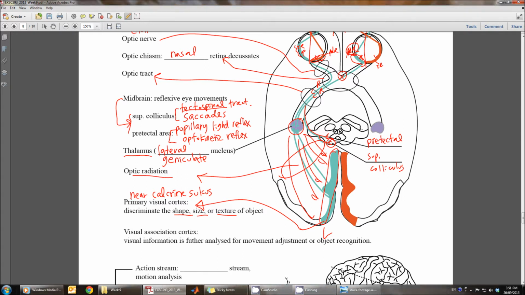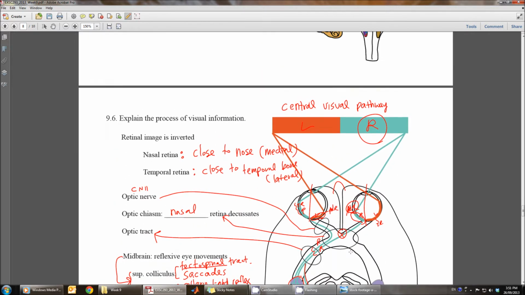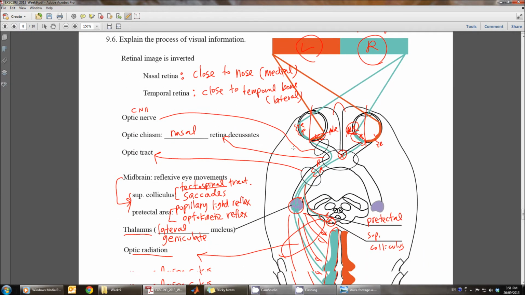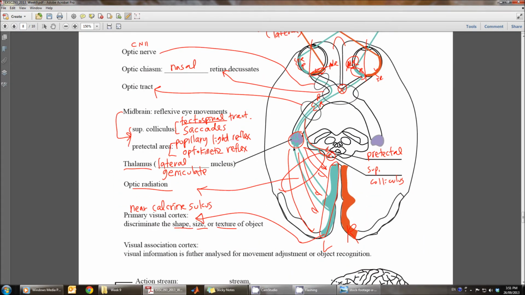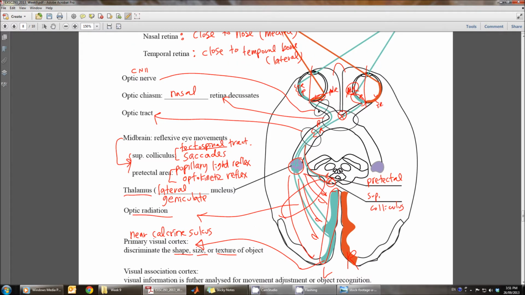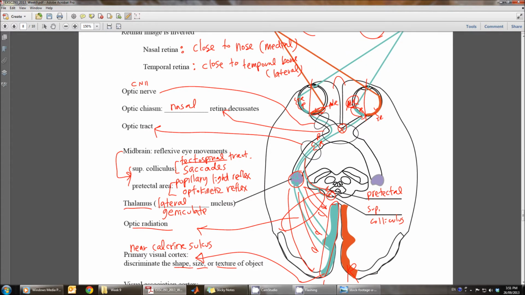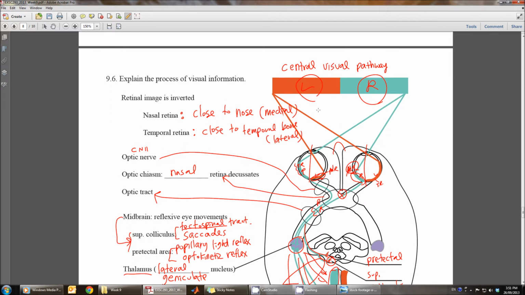And you can practice drawing how the left side of the visual field ends up in the right side of the primary visual cortex by doing this the opposite way with this drawing. So that's our central visual pathway.